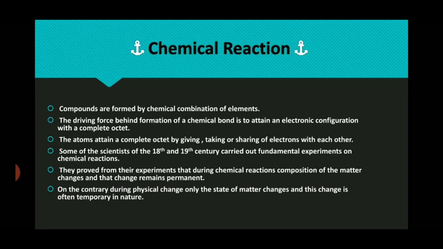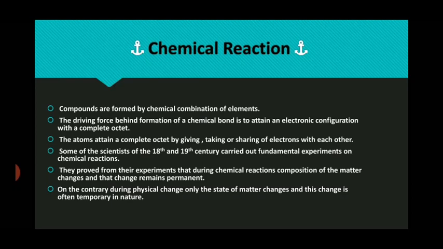So all atoms try to complete their octet, combining with other atoms, and they form the chemical bond. The atoms attain a complete octet by giving, taking or sharing of electrons with each other.